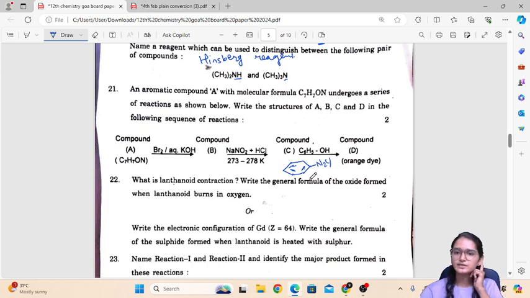This is the intermediate that we get when we carry out the Sandmeyer reaction. So in the Sandmeyer reaction we get this, and this we have seen in detail in the amines chapter.